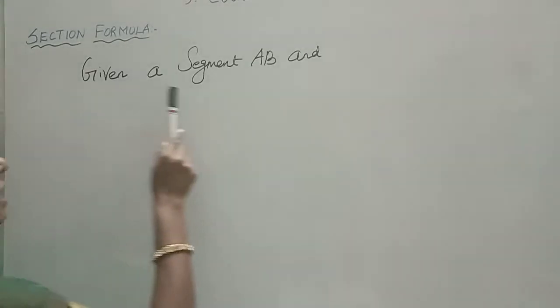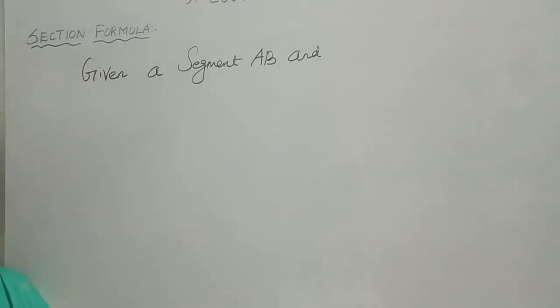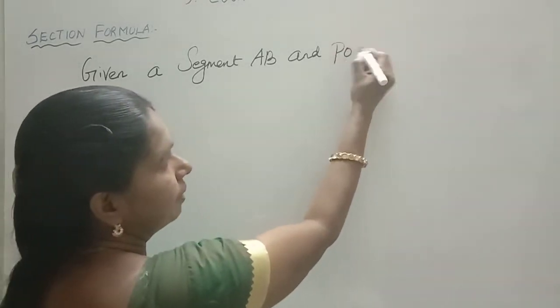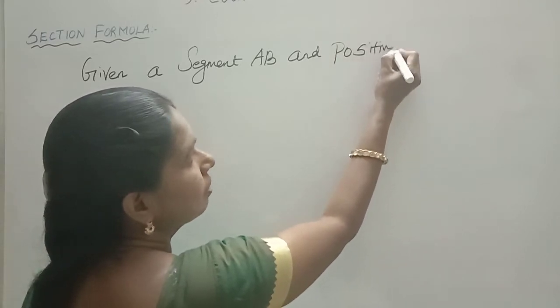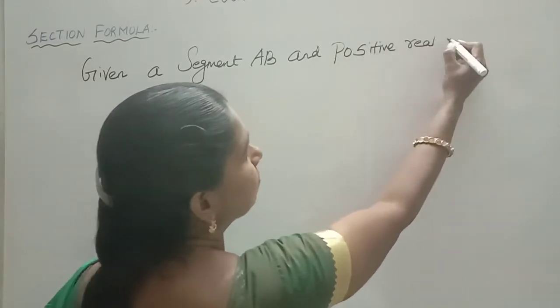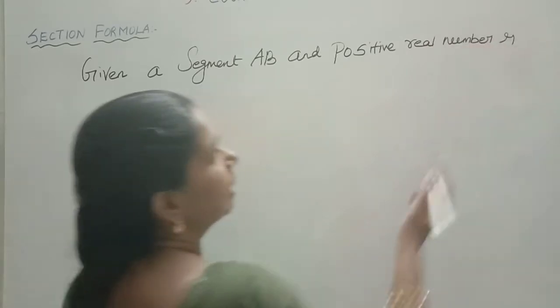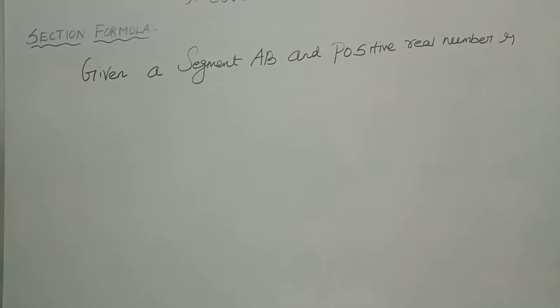Section formula: given a segment AB and a positive real number r in a line, how to find the ratio?